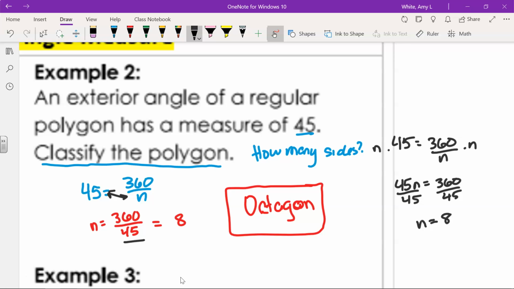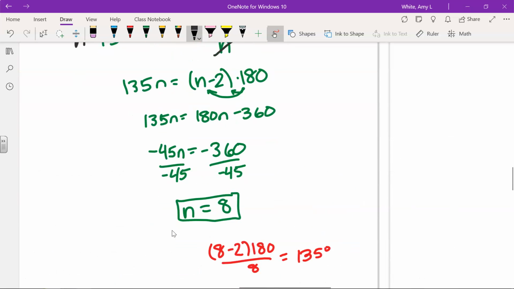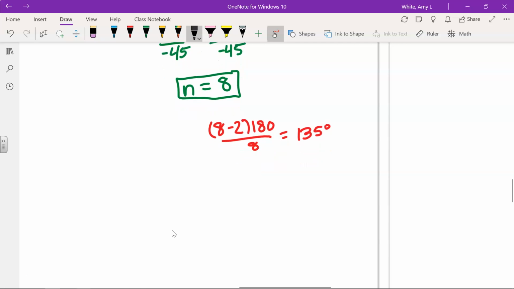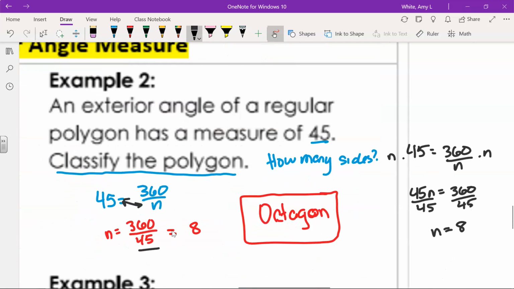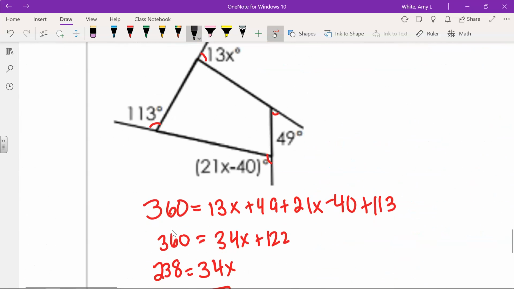I do want you to notice for a moment that we calculated in the previous video that the interior angles of a regular octagon were 135 degrees. Now that should make sense, because if we look at interior and exterior angles, notice that they do form a line.